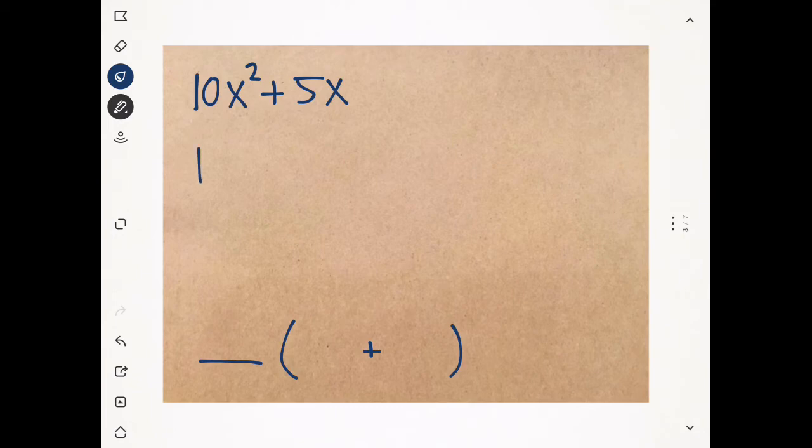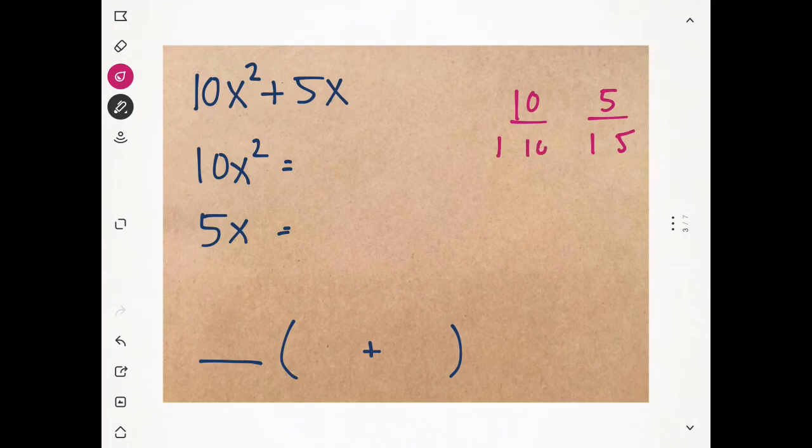I can write 10x squared equals, I can write 5x equals, and then I can come over here and make my list of factors for 10 and 5. I'm going to start with 5 because it's super simple. There's only two, 1 and 5. And then for 10, there's only 4. So we have 1 times 10 is 10, and 2 times 5 is 10.